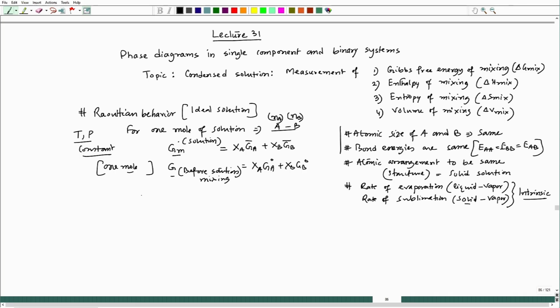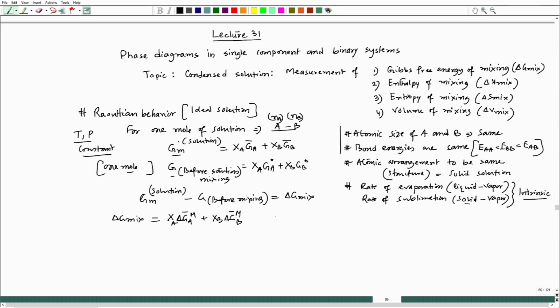And then we have found that Gm of solution minus G before mixing leads to delta G mix for 1 mole, and that equals XA delta G bar mA plus XB delta G bar mB, and here XA and XB are the mole fractions of A and B in the solution.